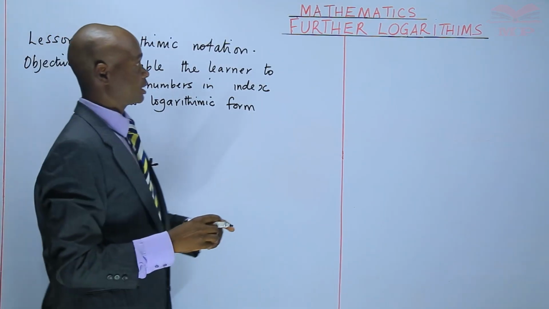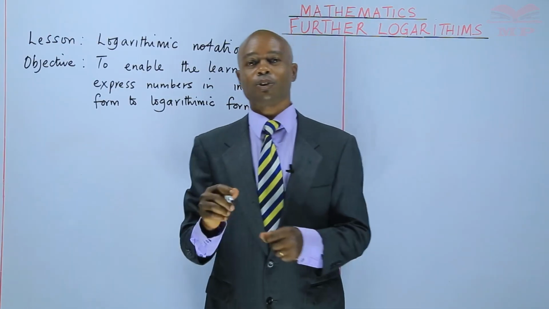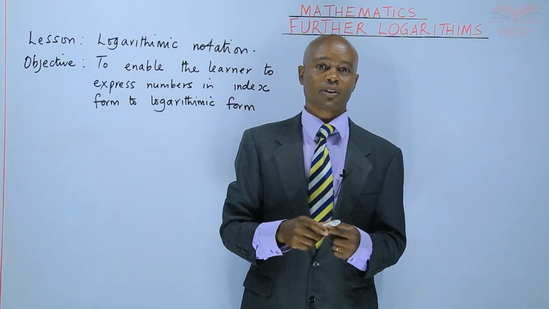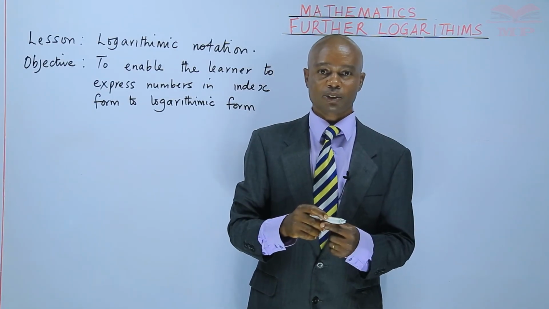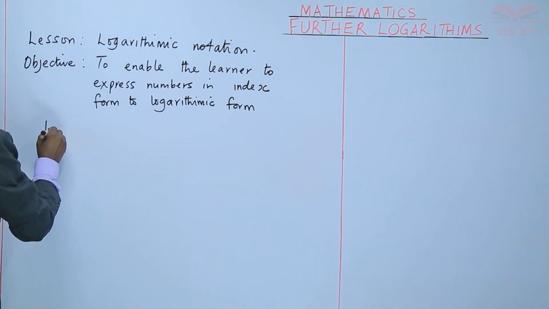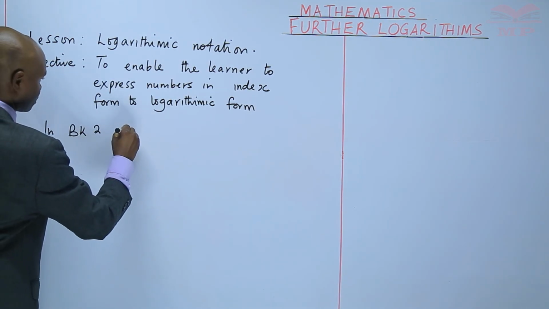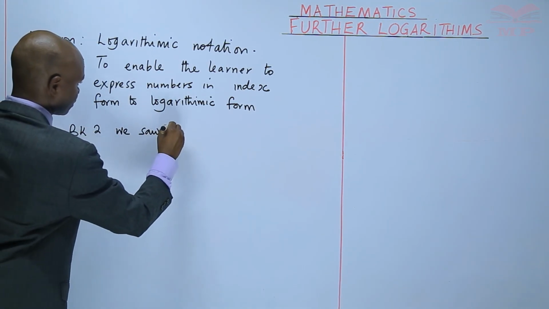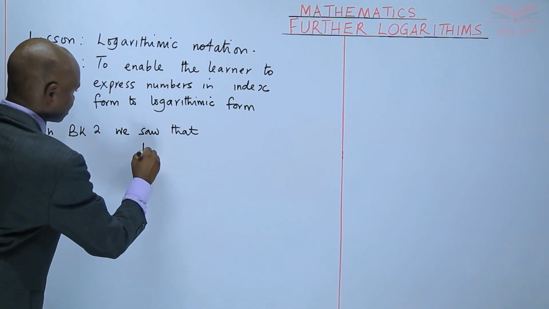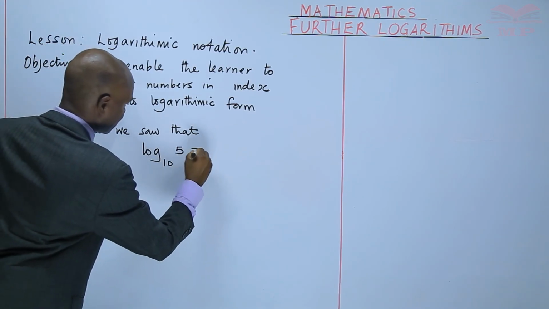So as we began the lesson, it is further logarithms. And I think what you did in Form 2 is going to be of much importance before we get on to that. You've used logarithm tables. For example, in Book 2, we saw that logarithm base 10 of 5 gives us what?